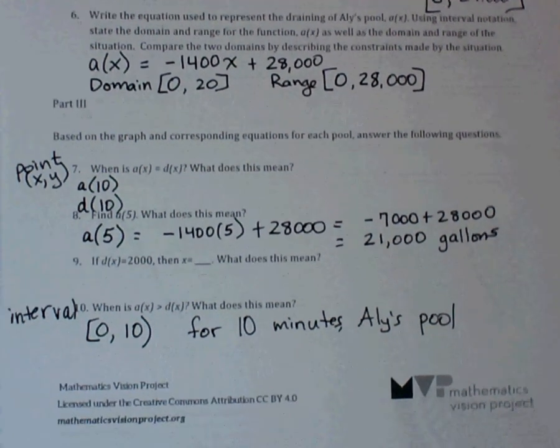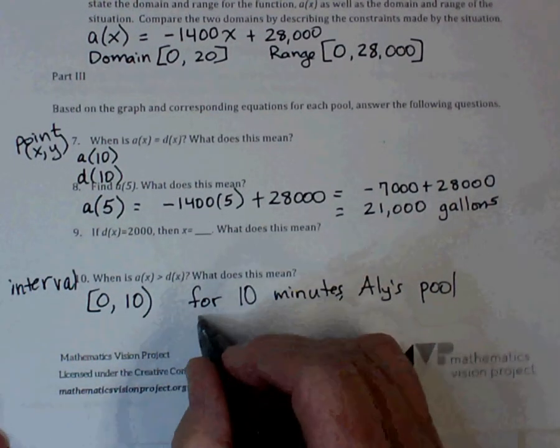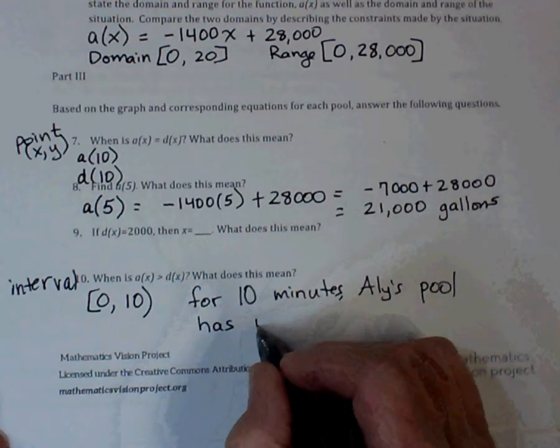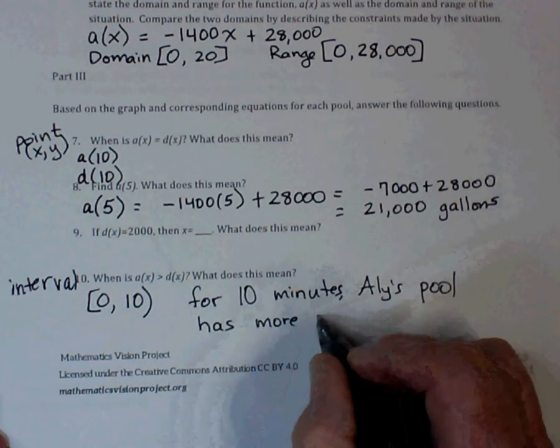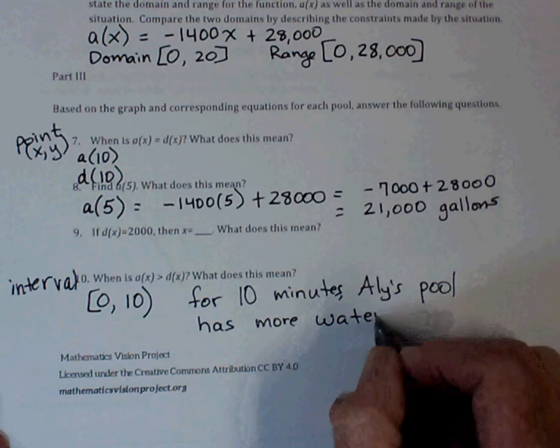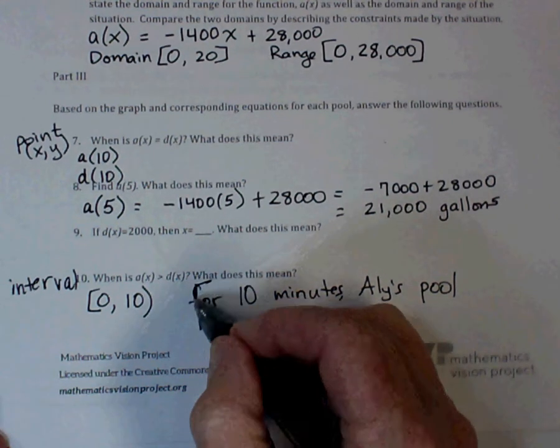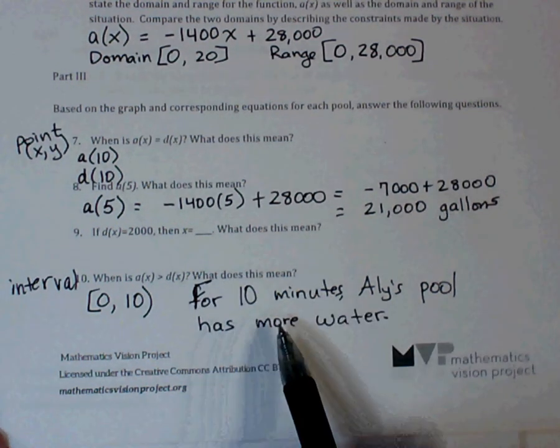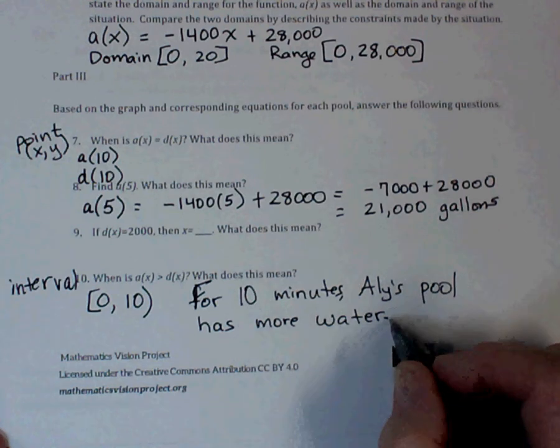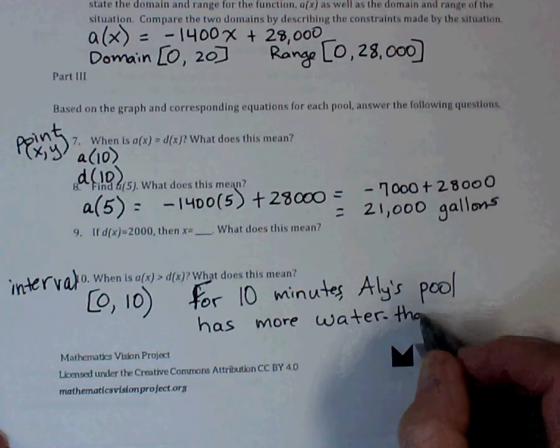For 10 minutes, Allie's pool has more water. That's a complete sentence, so let's make it just a capital F. For 10 minutes, Allie's pool has more water than Dane's.